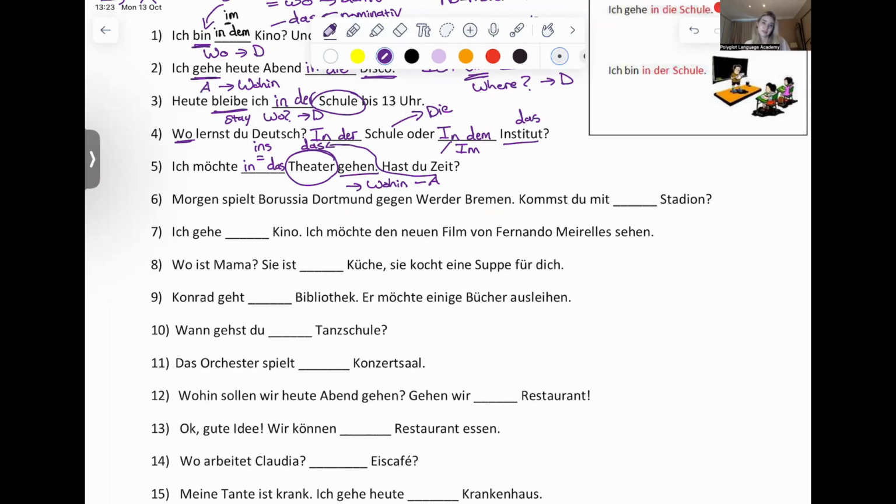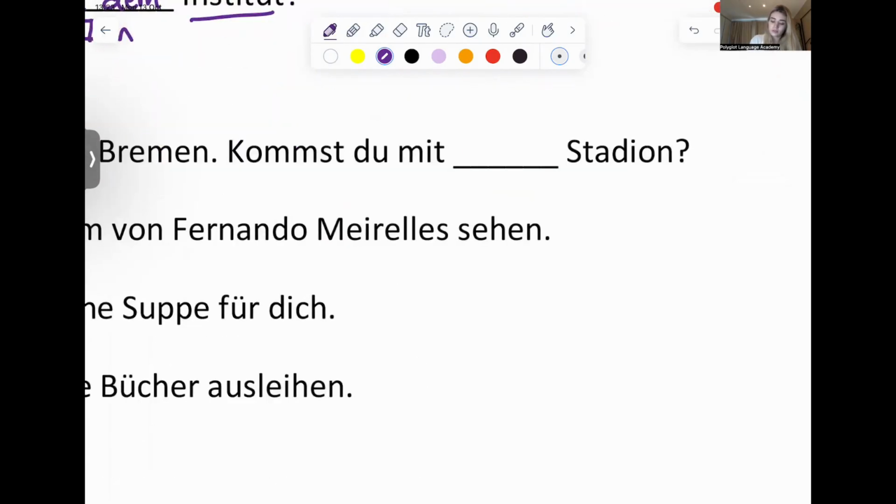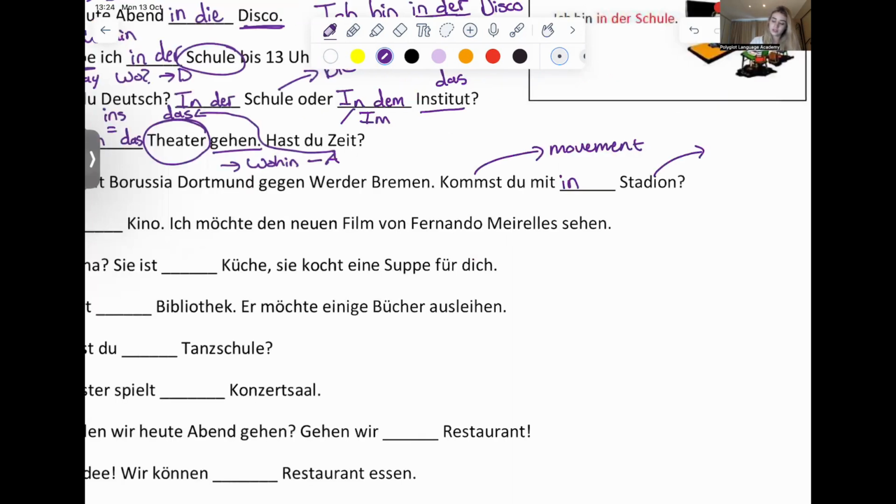Number 6. So, kommst du mit Stadion? Are you coming with us to the stadium? Okay. So, are you coming with us in the stadium is the question. So, komm shows us this is movement. Und dann Stadion. Let's check. Der, die oder das.